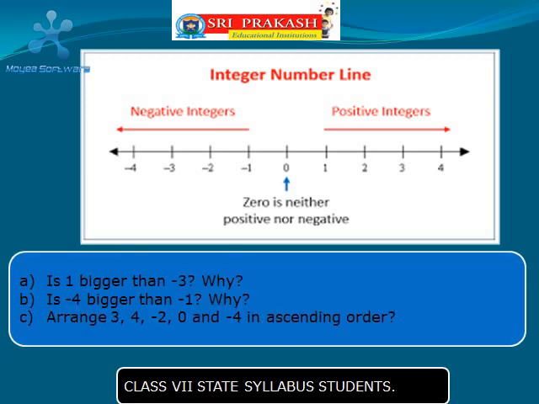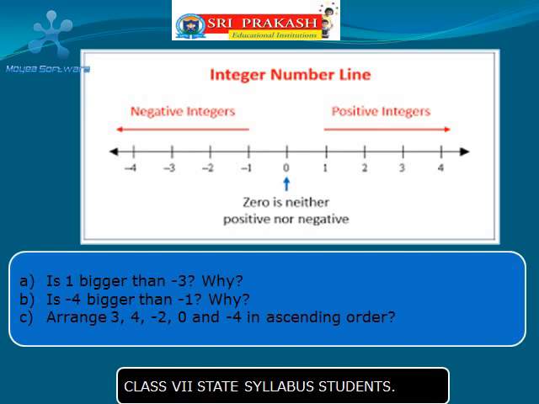Now study the number line given in the picture and try to answer the questions that follow. Number 1. Is 1 bigger than -3? Why? Here 1 is towards right hand side from 0, whereas -3 is on the left hand side from 0.